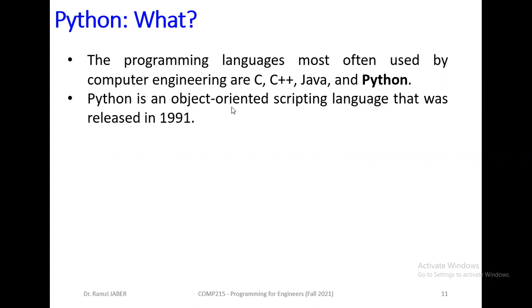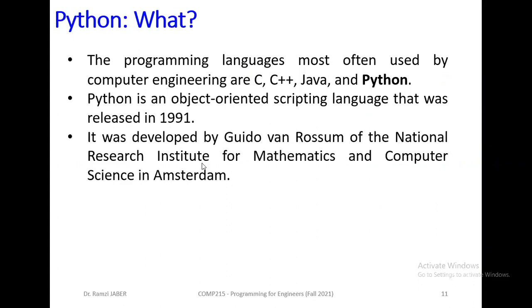Python is an object-oriented scripting language that was released in 1991, but it was not very famous that year. It was developed by Guido of the National Research Institute for Mathematical and Computer Science in Amsterdam. So the first version of Python is from Amsterdam.